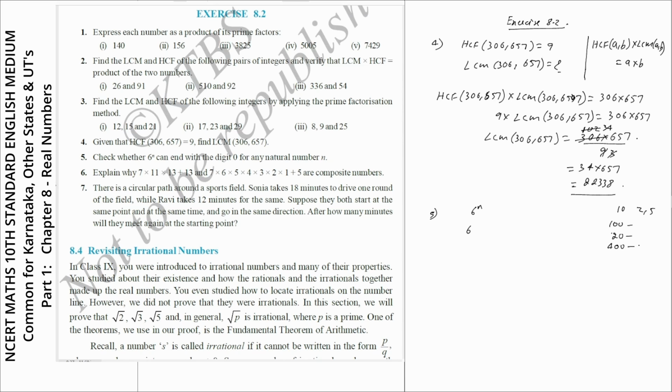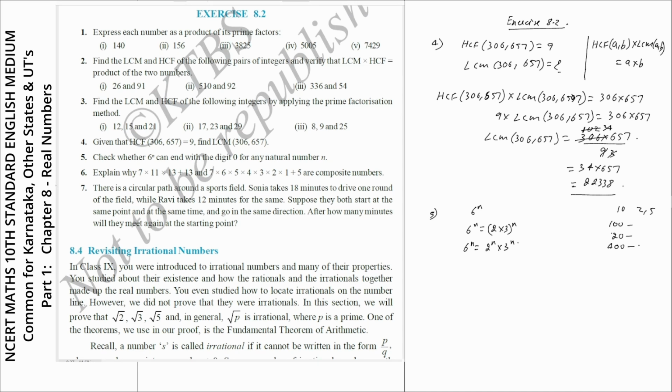So now 6 power of n I will write as, so 6 I can write as 2 into 3. So 6 power of n I can write as 2 into 3 to the power of n. So 2 into 3 to the power of n means 2 to the power of n into 3 to the power of n.